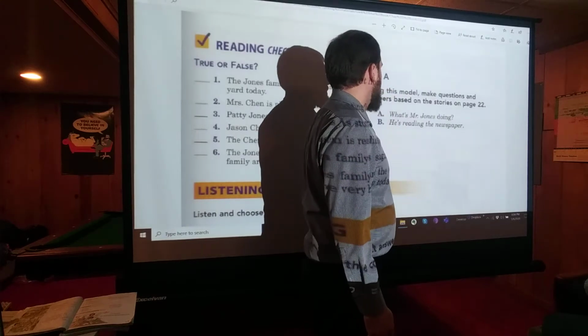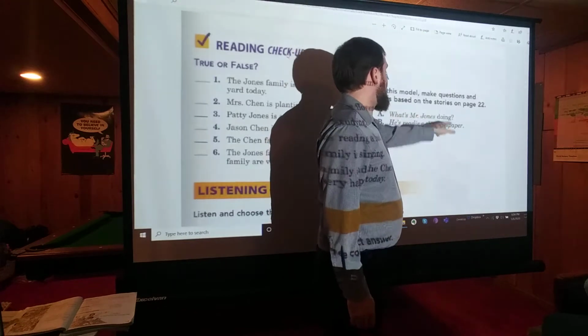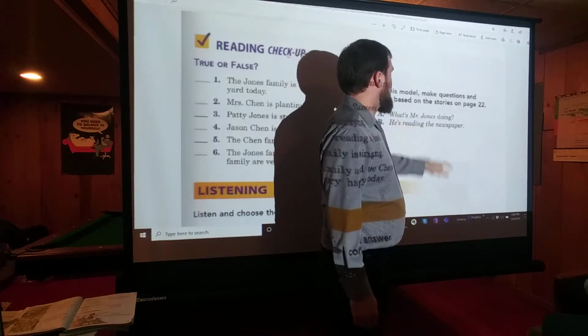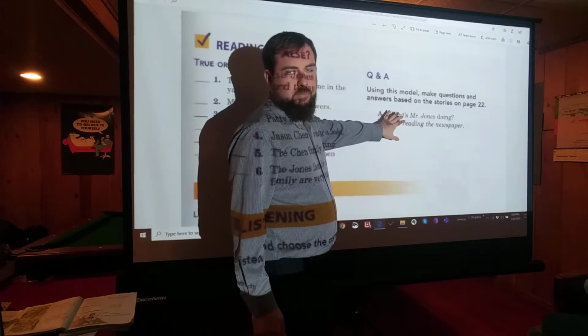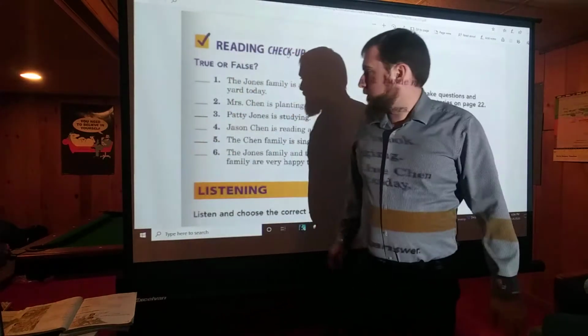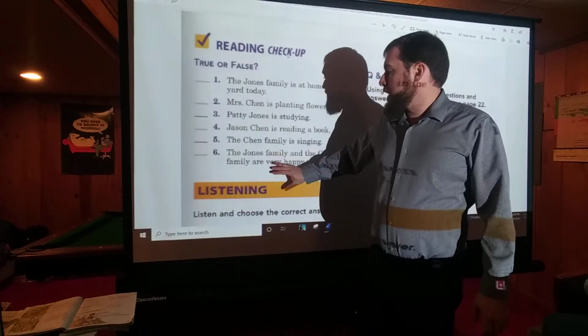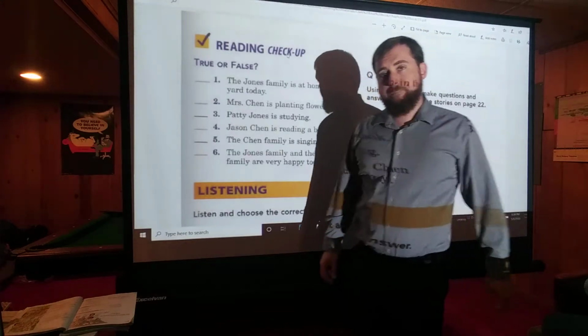So they have, for example, question, what's Mr. Jones doing? He's reading the newspaper. We'll do that one together in a minute, so you can save that one. Just finish the true and false, and then come back to me, and we'll talk about it.